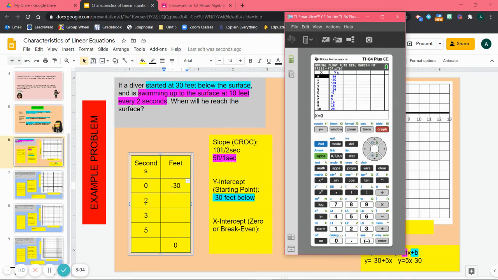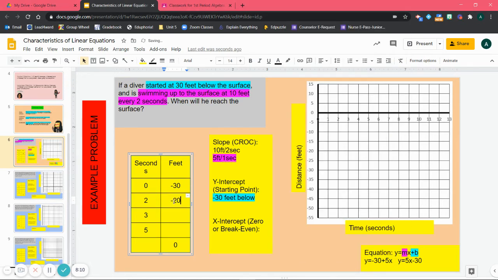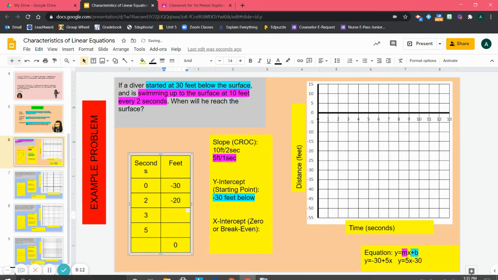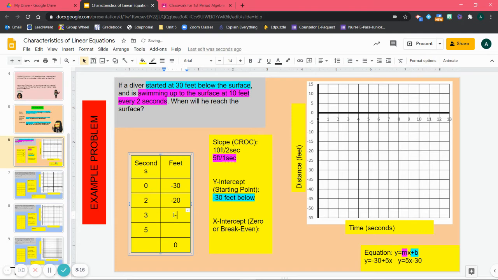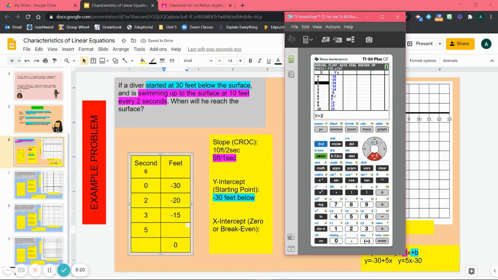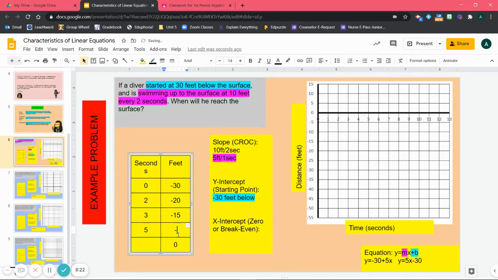My table goes to 2 seconds. So at 2 seconds, I know that the diver is at negative 20. At 3 seconds, the diver is at negative 15. At 5 seconds, the diver is at negative 5. Okay.